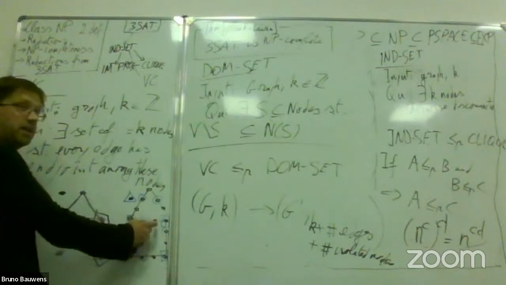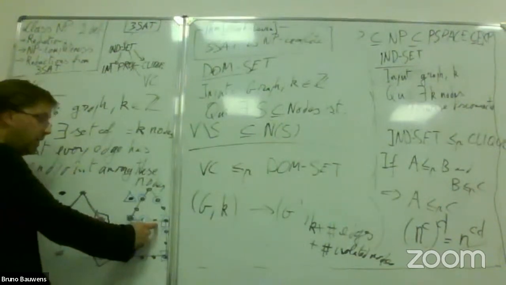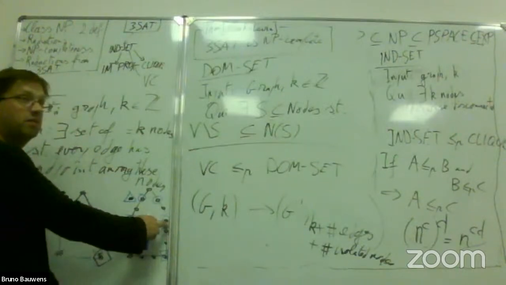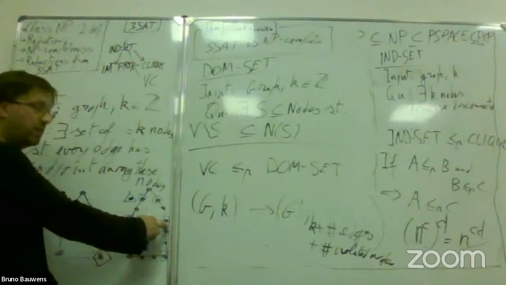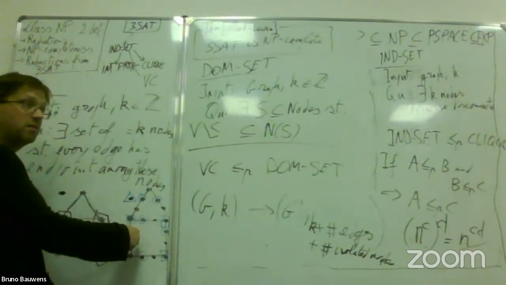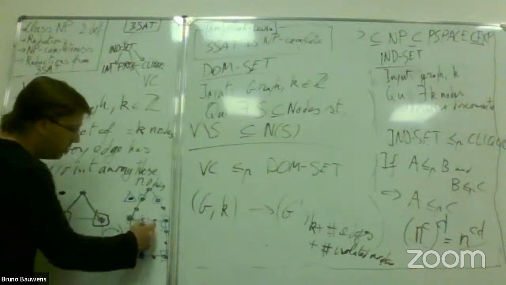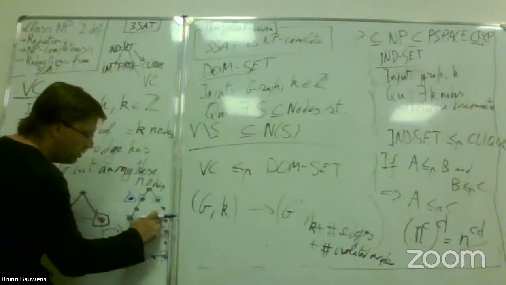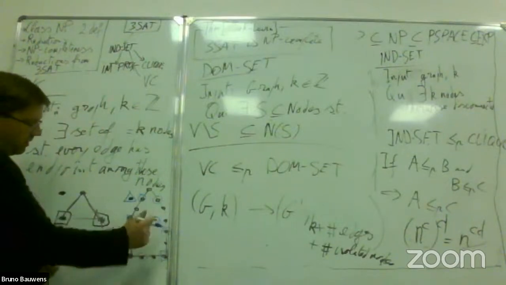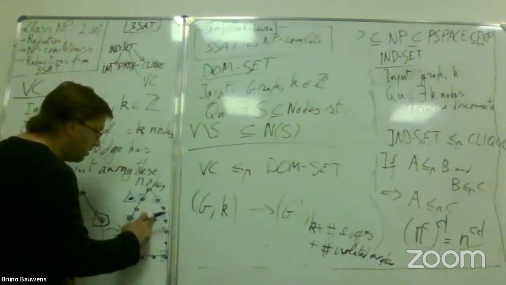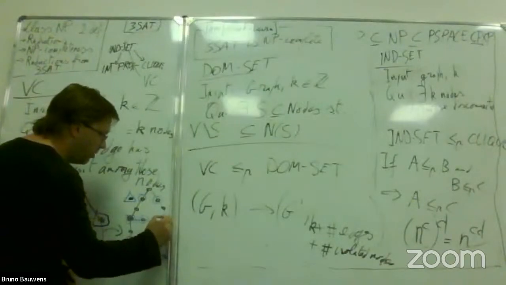If both nodes are selected, then let's push one of the nodes to the side so that we have exactly one node selected in each edge. It doesn't matter which one we move away.